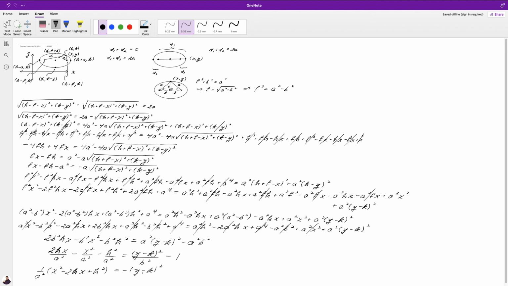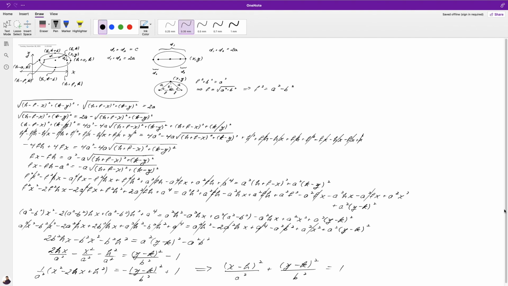Let's now add this over to the left-hand side and then realize that this is just x minus h all squared. So we're going to have x minus h all squared divided by a squared plus, since we're adding this over, y minus k all squared over b squared is equal to 1.